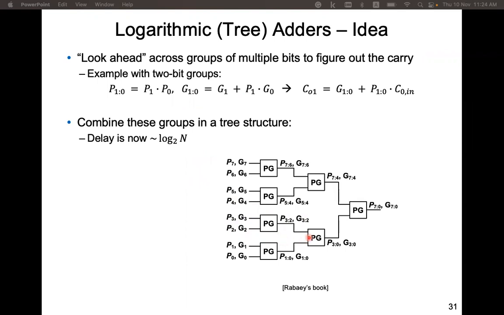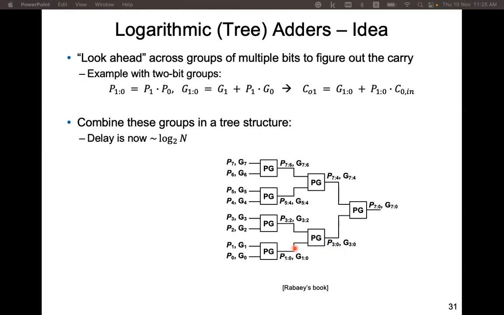And then we combine the group propagate for 1, 0 and the group propagate for 3, 2. So these two parts are combined into another group which contains 4 bits. Just do this hierarchically. I just treat this as one input, and this is another input.